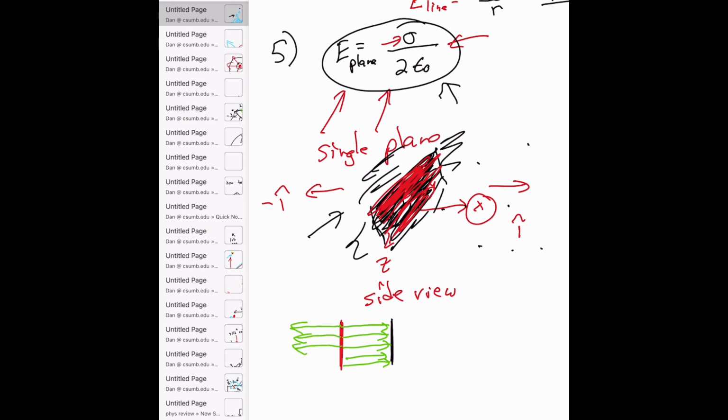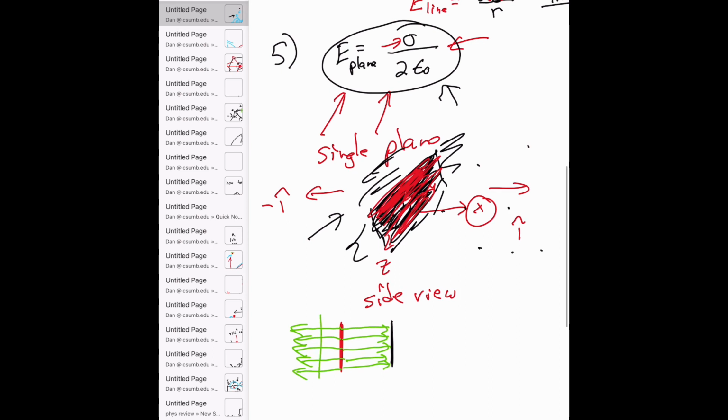Notice they're parallel, as they are for planes, because the electric field strength is the same value no matter where you are, here or here, it's always the same value. That means the electric field lines are going to be parallel. For the negative plane, and I'll draw these in blue, the electric field lines go towards the plane throughout all space.